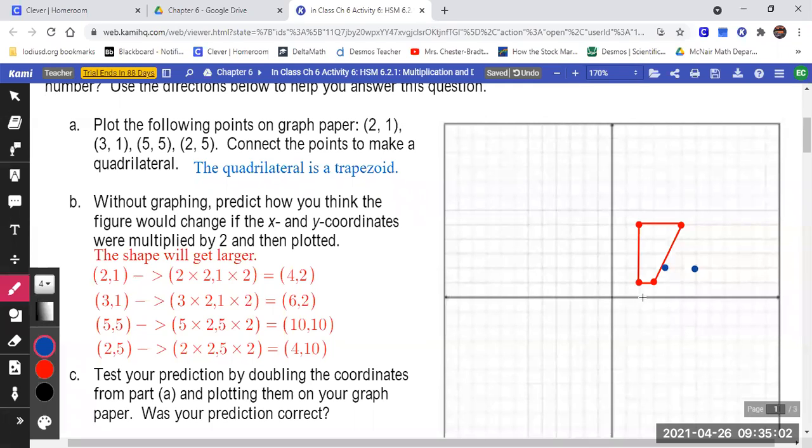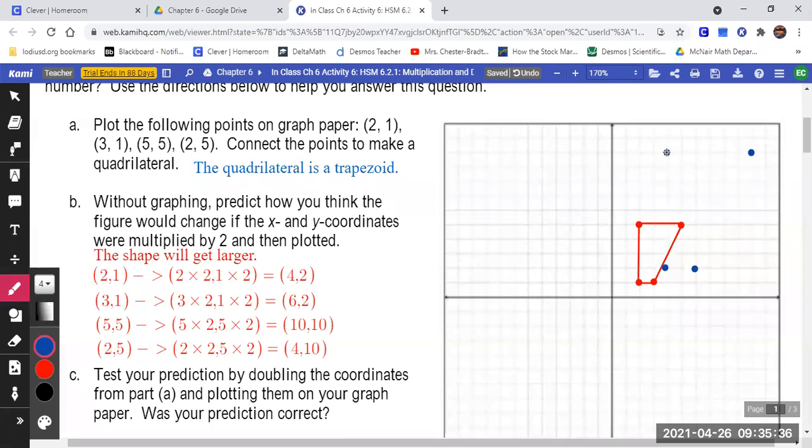Okay, so 10. 1, 2, 3, 4, 5, 6, 7, 8, 9, 10. And the other one was, what's our last one? 4, 10. Okay, so 1, 2, 3, 4. And I know it's going to be the same height as this one. And then I got to connect those.